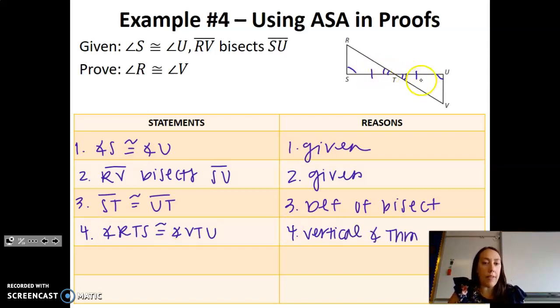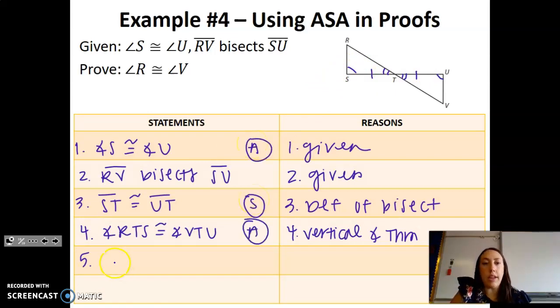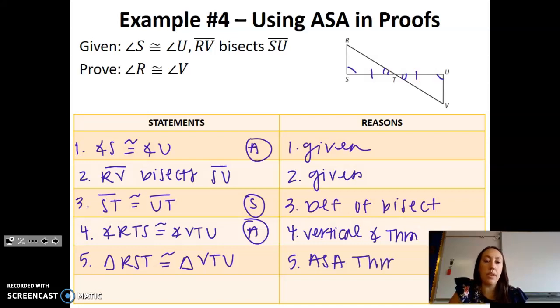And now you can see we have enough information to prove the triangles are congruent. Looking at my picture, I have angle, side, angle. So I can go ahead and say triangle RST is congruent to triangle VTU by our shortcut, the angle side angle theorem.